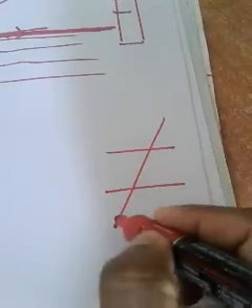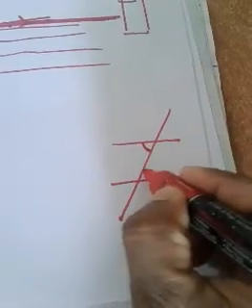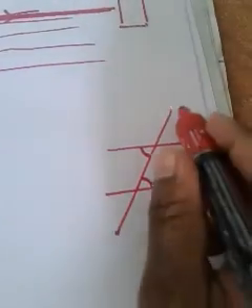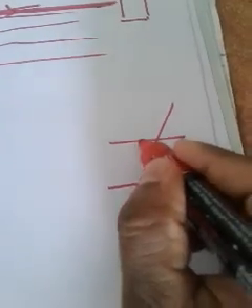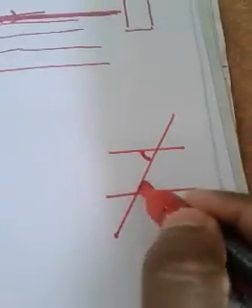If you consider these two lines as parallel lines and this as a transversal, these two angles should be equal.